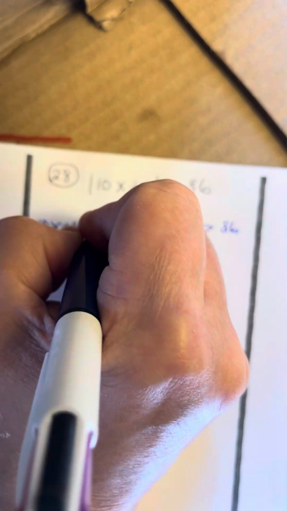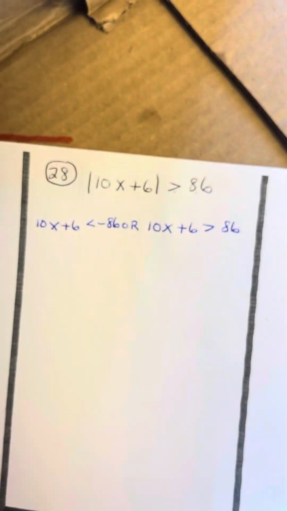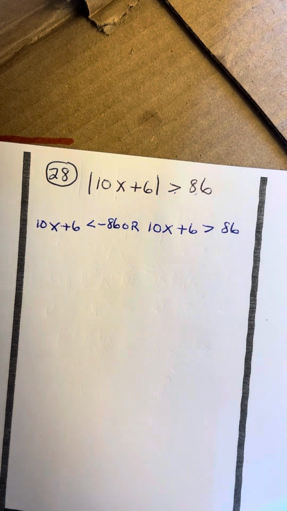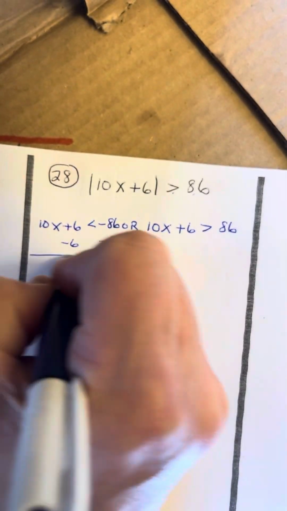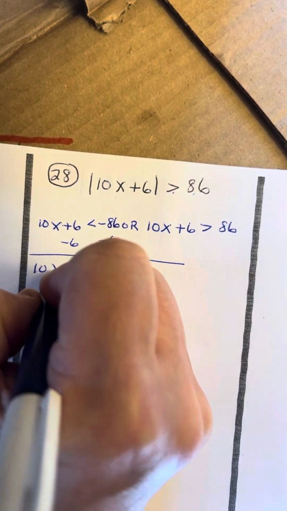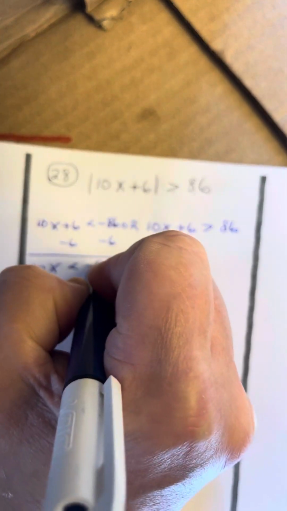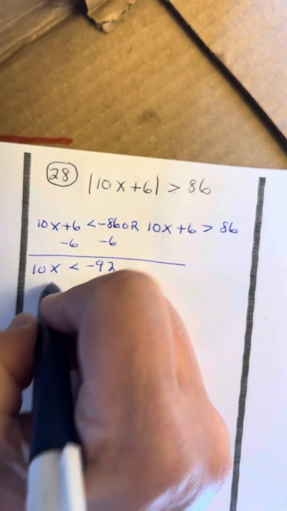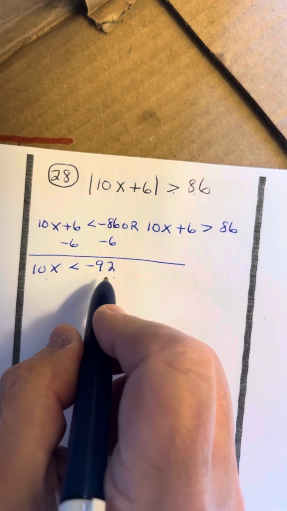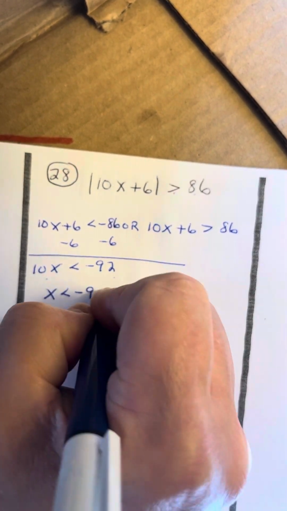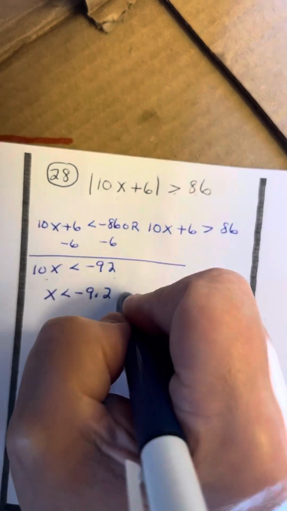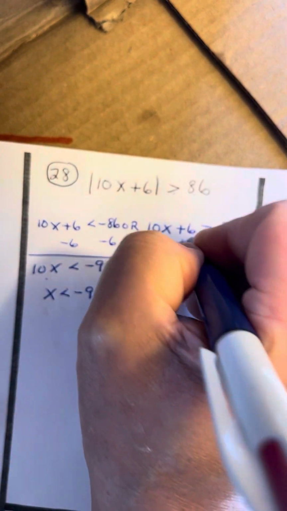Instead of greater than, less than, and instead of 86, negative 86. Get the x alone. Divide by 10. Or, and solve on the other side.